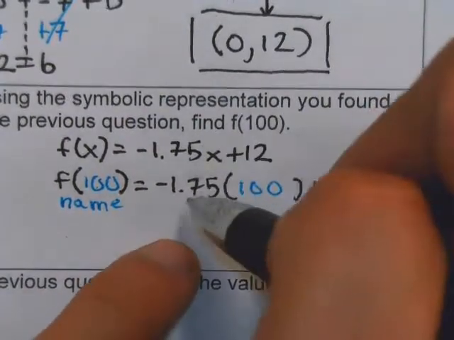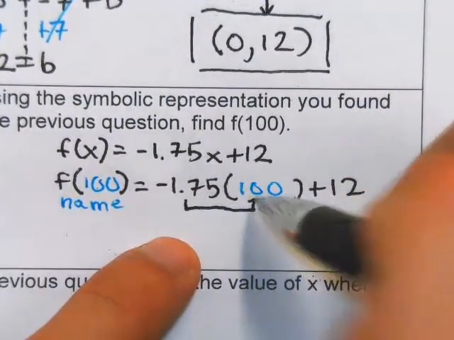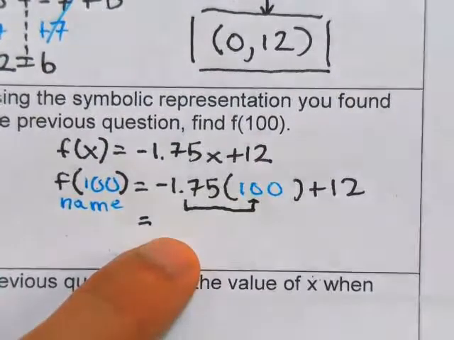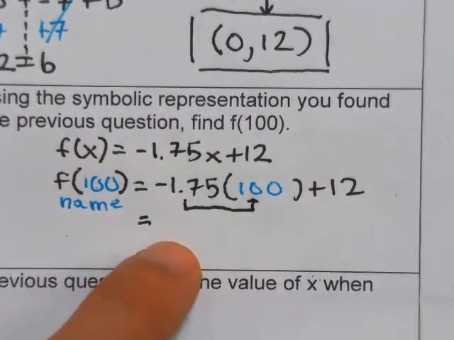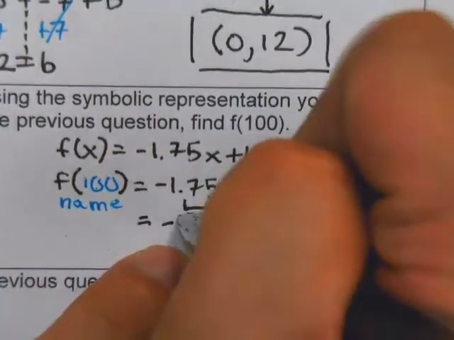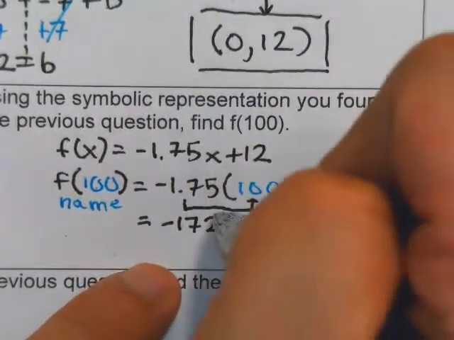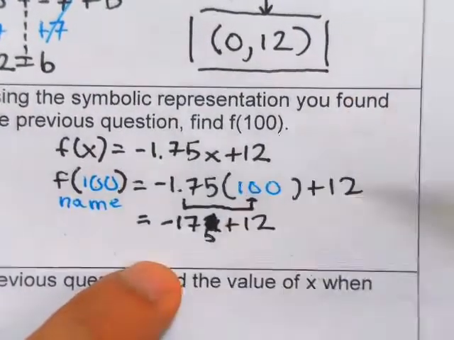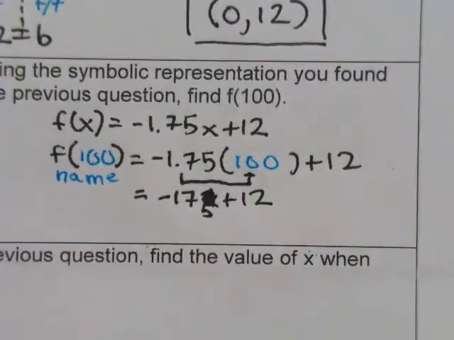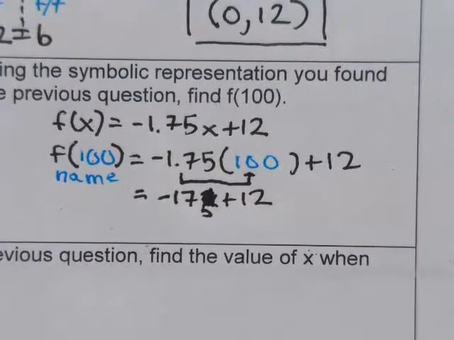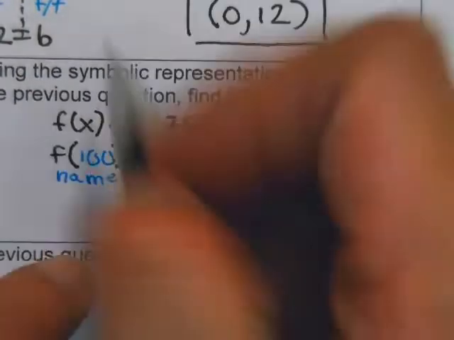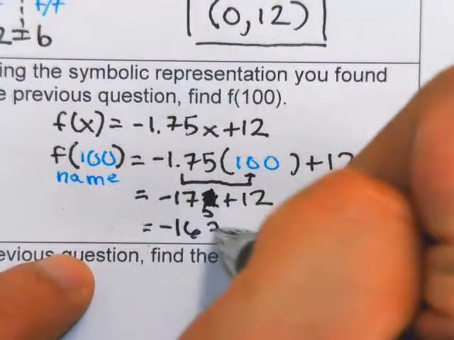Well, I definitely need help with this. What is negative 1.75 times 100? Negative 175, thank you. Sorry, I keep writing a 2. Negative 175, that's a 5. Negative 175 plus 12. And then can someone help me do that? Negative 163.